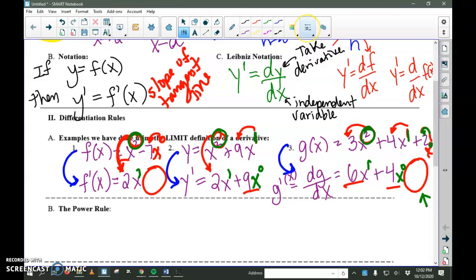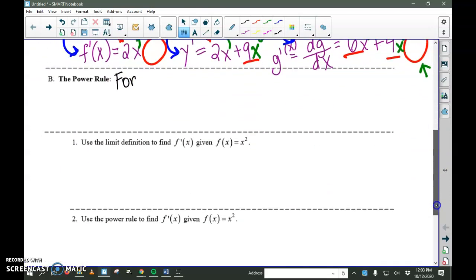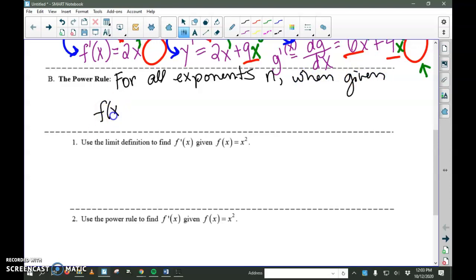So I'm going to put this in math vocabulary. For all exponents n, if I am given that f of x is equal to ax to the n, so n is my exponent, a happens to be the coefficient, then f prime of x is equal to, I take the exponent and I multiply it by that coefficient, right?